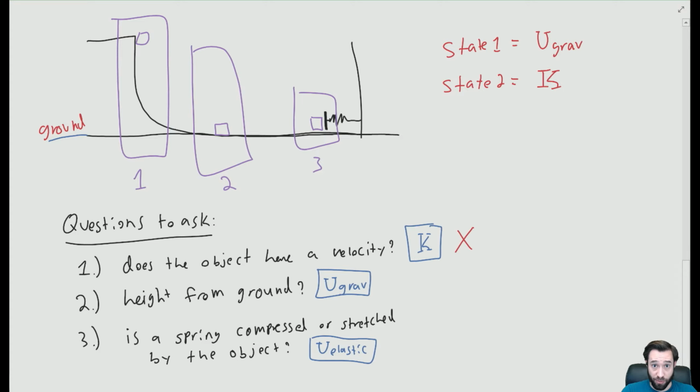It's still touching the ground, so there is no height from the ground. And is there a spring that's being compressed or stretched? In this case, obviously, yes, there is. So at state 3, it's going to be U elastic.